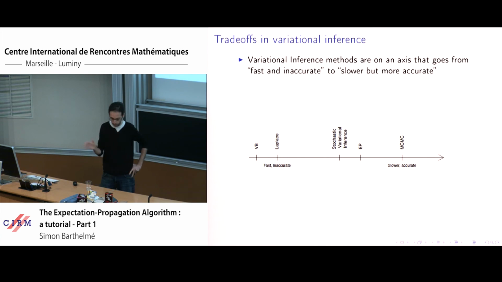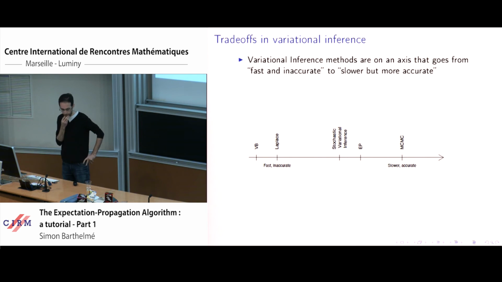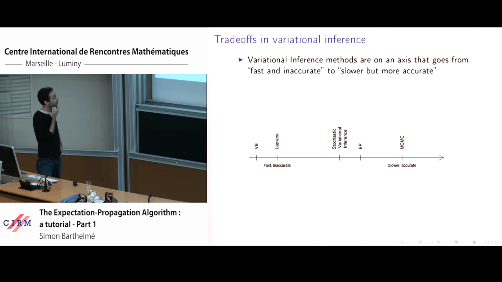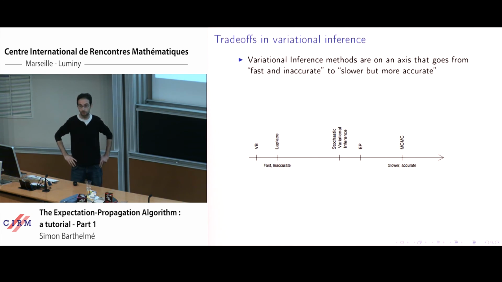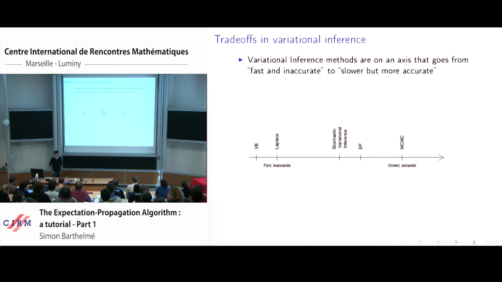Okay, so you've heard about variational inference from Christine's talk. I think these methods fall on a spectrum that goes from methods that are fast and not so accurate to methods that are slow and a lot more accurate. On one end we'd all agree that VB and Laplace are very fast. For example, in the case of VB, you can take a method like latent Dirichlet allocation, which I've used quite a bit.